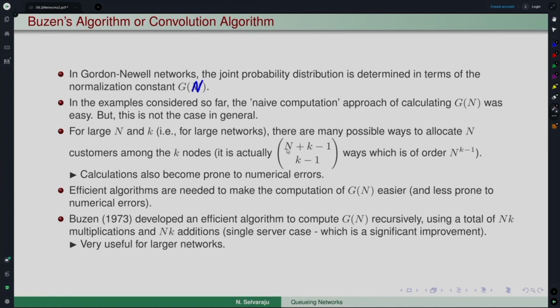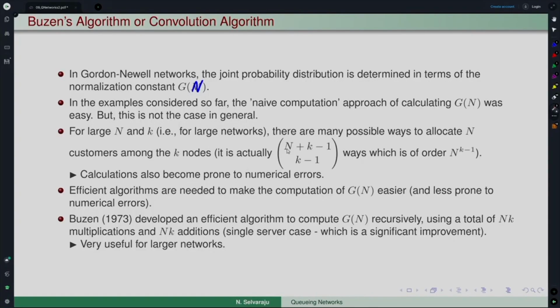So, people were looking for an efficient way of computing this g of n, because this is the main crux. Once you compute g of n, after solving the traffic equation, once you basically determine rho 1, rho 2, which, as we said, is the relative utilization, not the actual utilization.